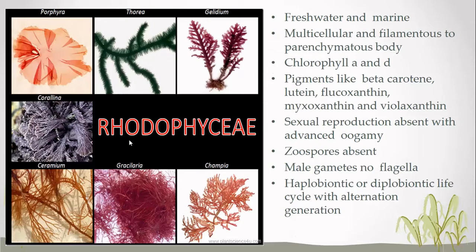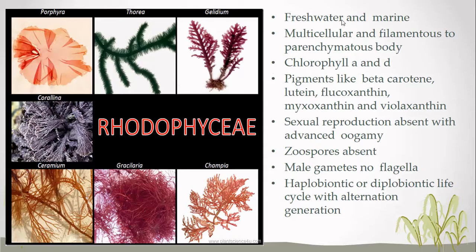Next group, we have the Rhodophyceae, or we call it the red algae. So the majority sa kanilang pigment composed of beta-carotene. Ang beta-carotene, pwede siya red. Range sa iyang color is red to orange.